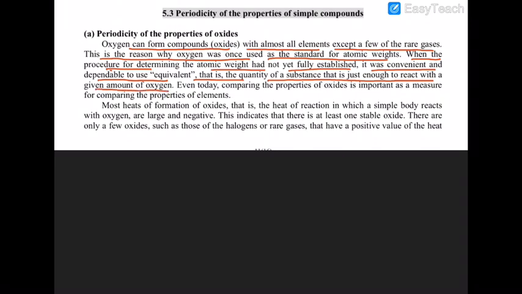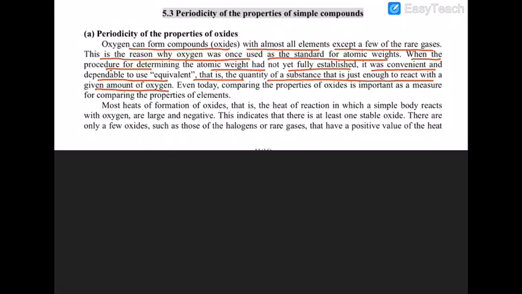For example, in the case of oxygen, that amount is 8. 8 is the equivalent mass of oxygen. So if oxygen's 8 grams react with Y grams of the element, then Y grams is the equivalent mass of that substance. Okay, sure about that.